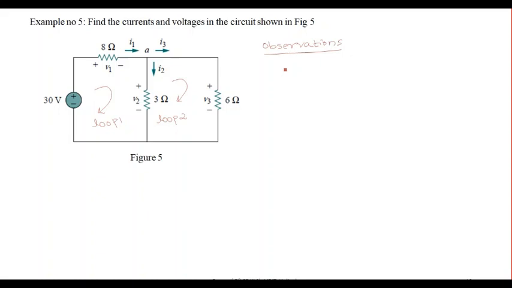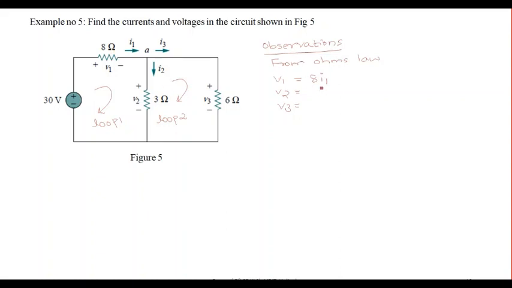First, we can define from Ohm's law what V1, V2 and V3 are. V1 is 8 times I1, from the figure, higher potential to lower potential, so that satisfies, that is fine. So V1 drop is 8 times I1.